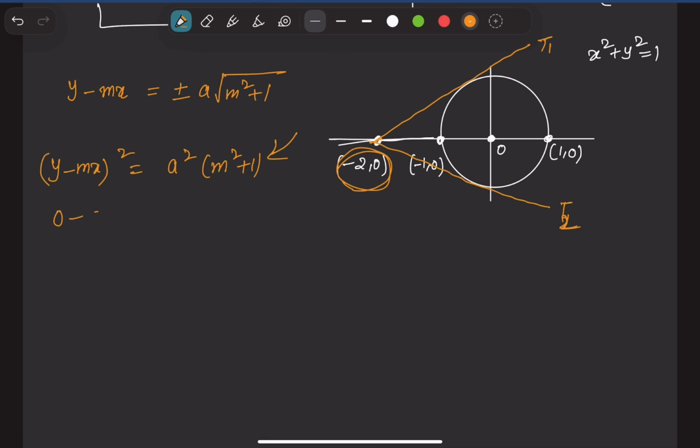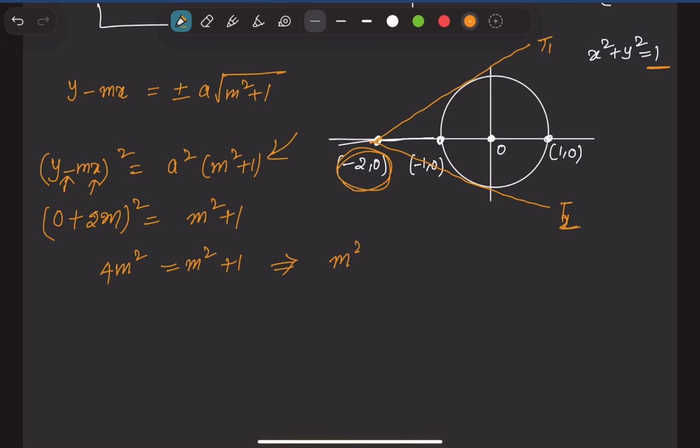So 0 minus m into minus 2, and x is minus 2. So this will be (2m) whole square equals a square times (m square plus 1). Here a square is simply 1. So this is 4m square equals m square plus 1.